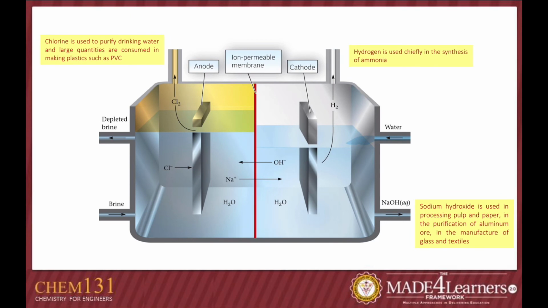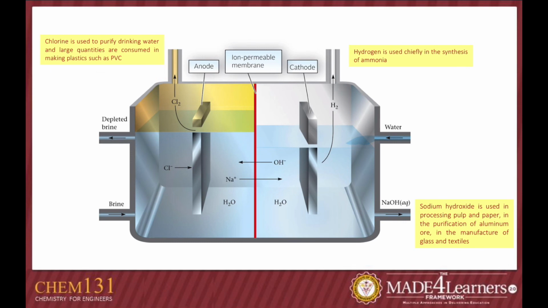This is the chlor-alkali process because it is used to produce chlorine. Chlorine is very useful to purify drinking water, and large quantities are consumed in making plastics such as PVC. Chlorine is used in pools, so there are many uses of chlorine. It is produced in this reaction.